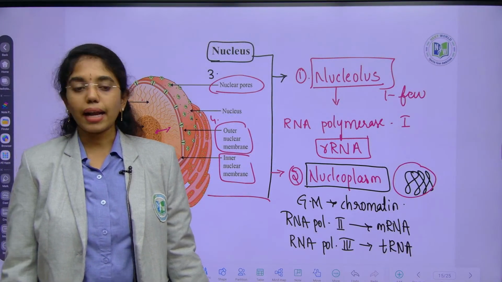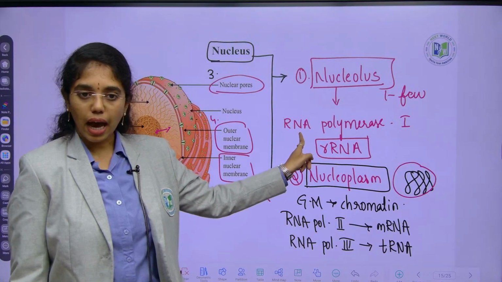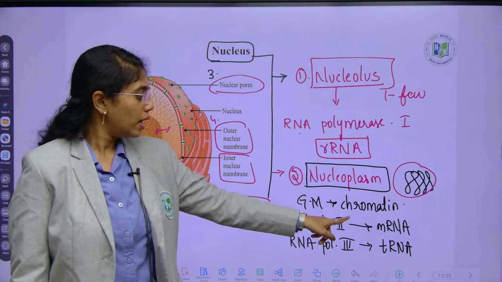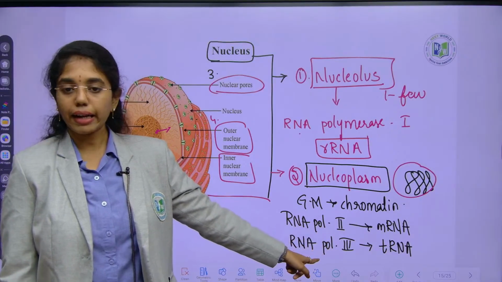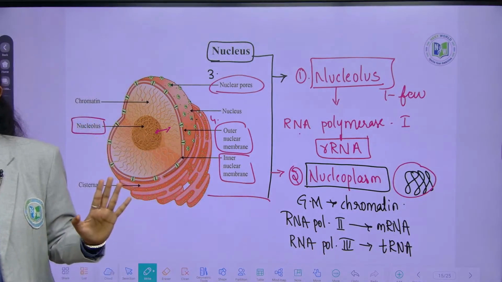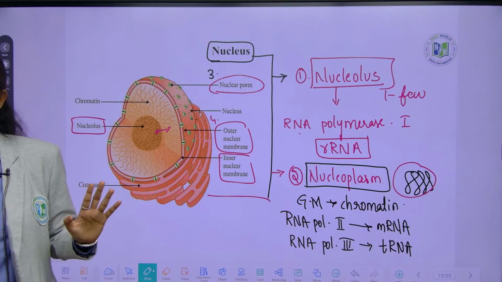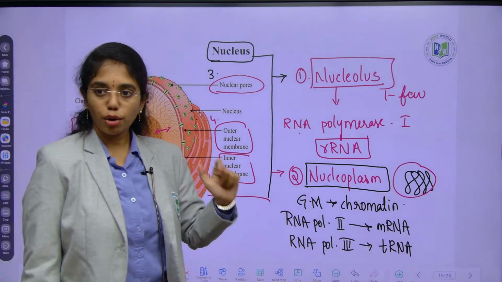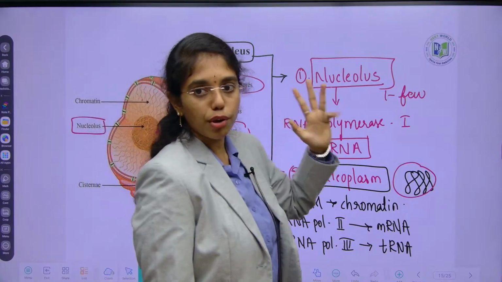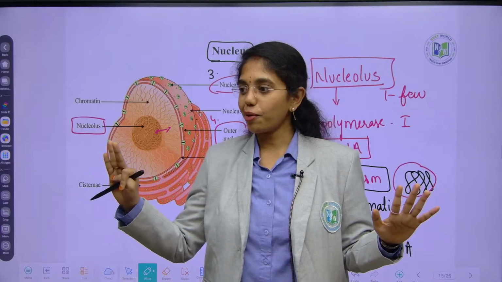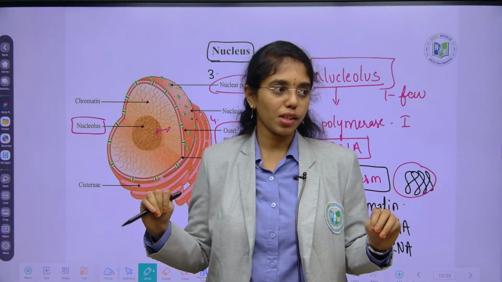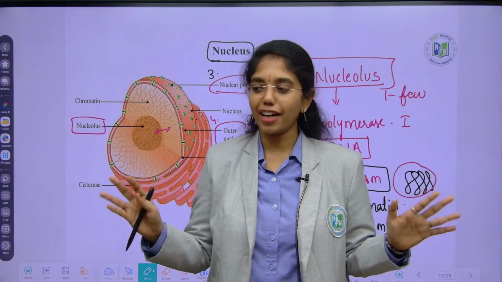Nucleoplasm. rRNA is synthesized by RNA polymerase 1, mRNA by RNA polymerase 2, tRNA by RNA polymerase 3. Clear till here? Mitochondria, chloroplast, chromo, leuco, nucleus, condensation of chromatin, structure of chromosomes, shapes of chromosomes. These are the concepts we have drilled today.